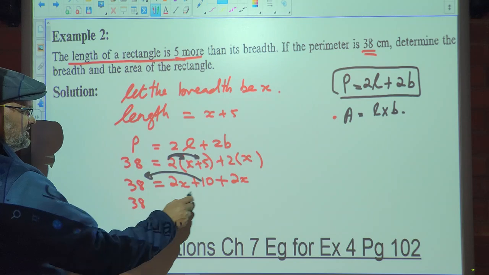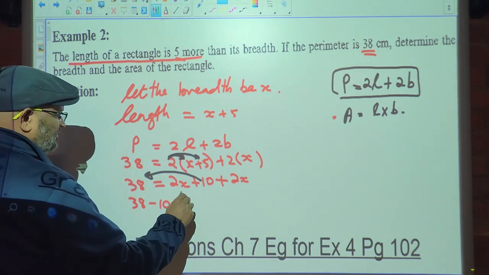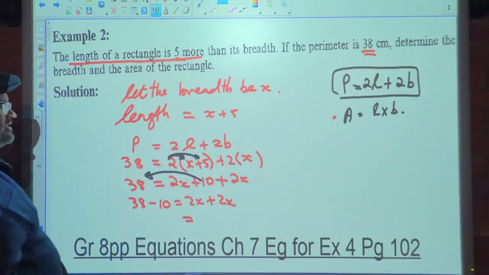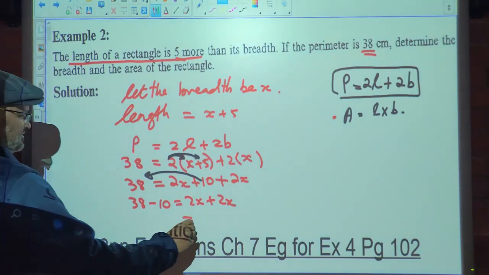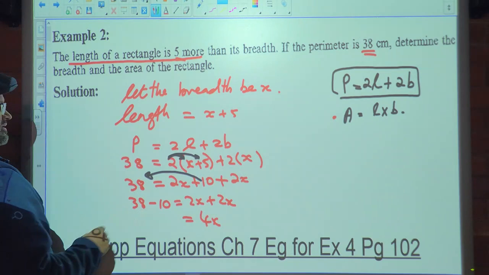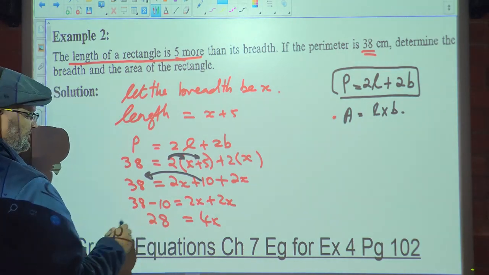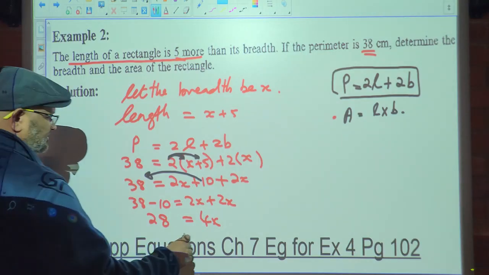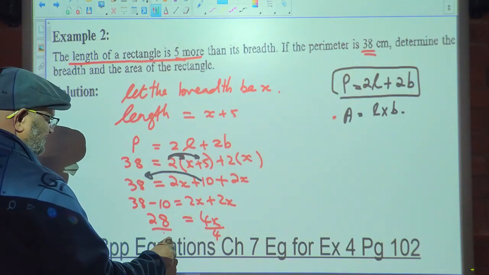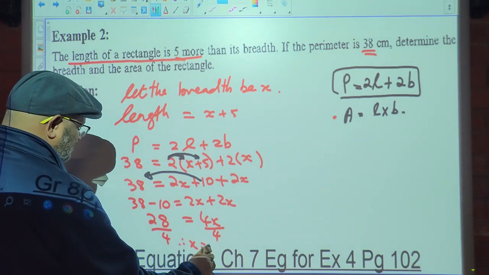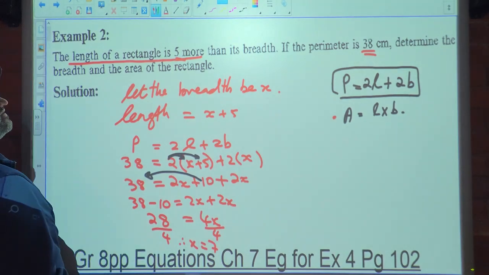So it's going to be 38 minus 10 is equal to 2x plus 2x. What's 2x plus 2x? 4x. What's 38 minus 10? 28. How do I get x on its own? Divide by 4 both sides. So therefore x works out to be 7.